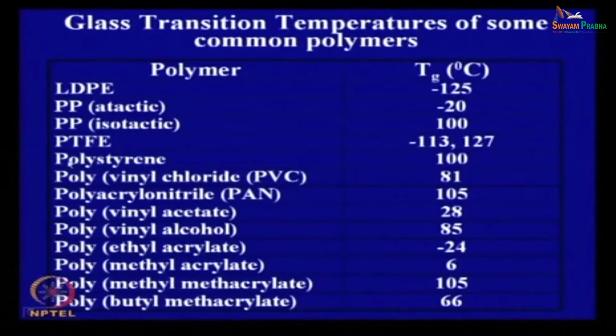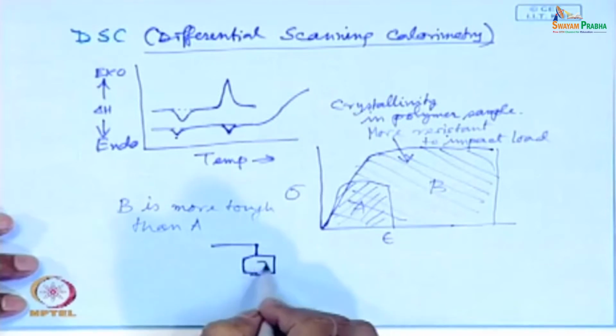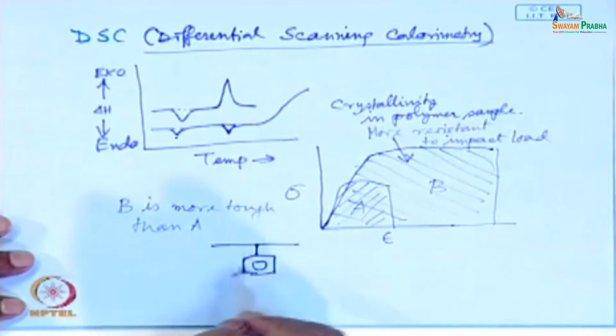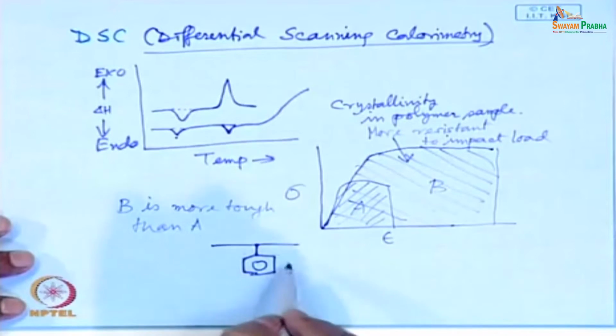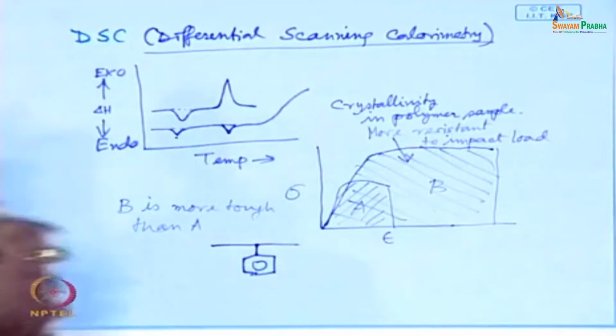Why? Because polystyrene contains one pendant phenyl ring. So, this bulky phenyl ring makes the polymer rigid. This is for hydrocarbon plastics.